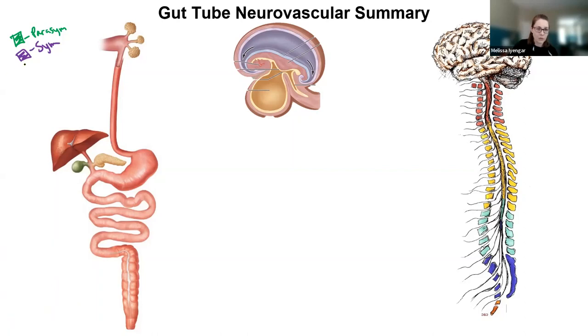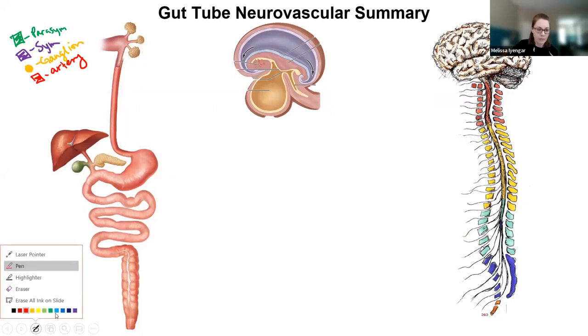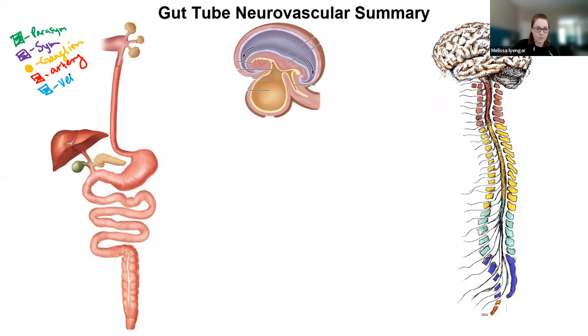Yellow-orange things are my ganglion. I'm hoping you guys know that red is going to be an artery and that blue is going to be a vein. So you thought it was going to be intimidating, but now you're probably even more intimidated by this.